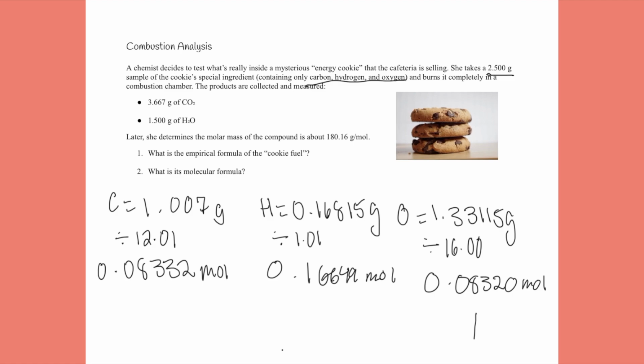And when we divide 0.08332 by 0.08320, that is basically 1. It's a little bit of a fraction, but we can round in this case. And when we divide 0.16649 by 0.08320, it's basically 2. All right, so that means that our empirical formula is C, subscript 1, but we don't have to write that.